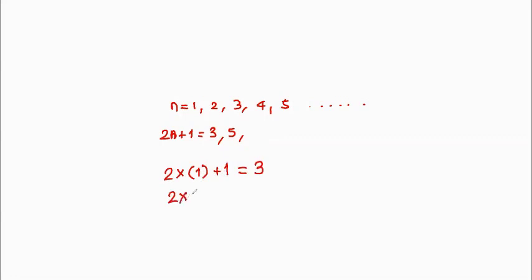For n equal to 2, 2 into 2 is 4, plus 1, 5. For n equal to 3, 2 into 3 is 6, plus 1, 7. Now if you see here, all these three are odd numbers.